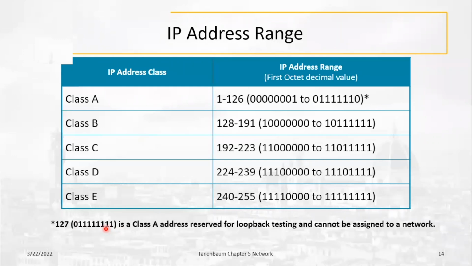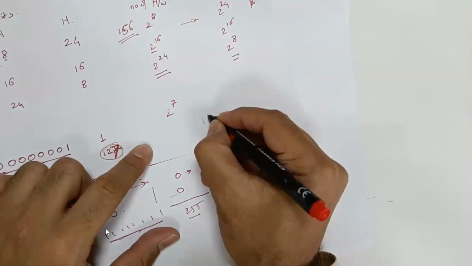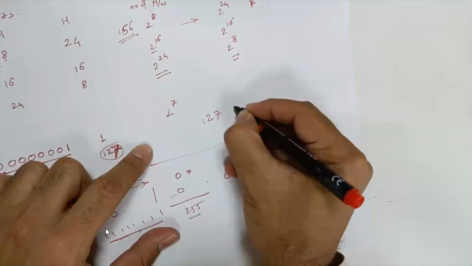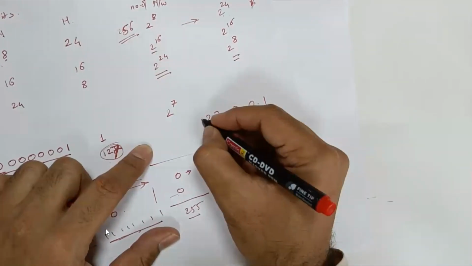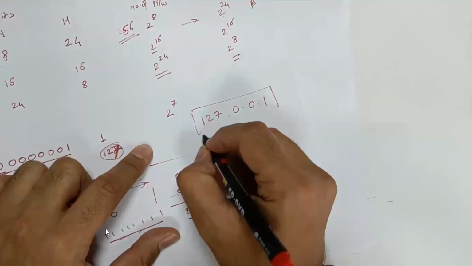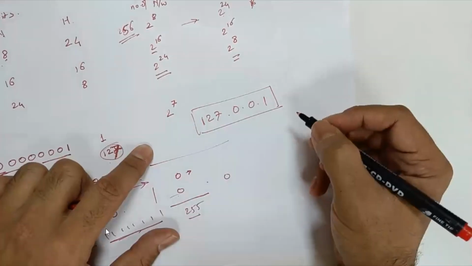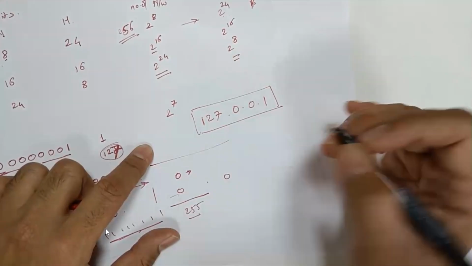Let me tell you straight away. There is an IP address 127.0.0.1. Have you heard about this IP address? Do you know anything about this one?